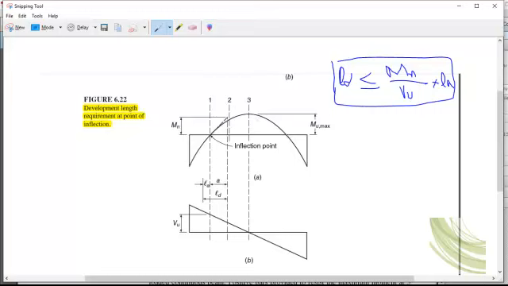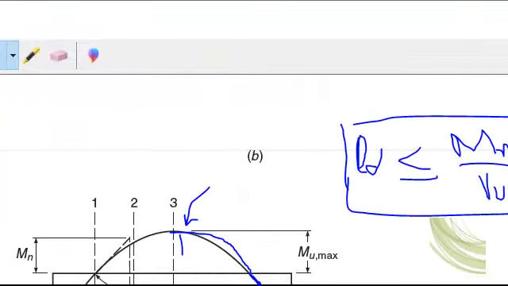But in the negative bending moment diagram, you see that its concavity is upward. It is in this shape, clear? It is in this shape, but their concavity is down.